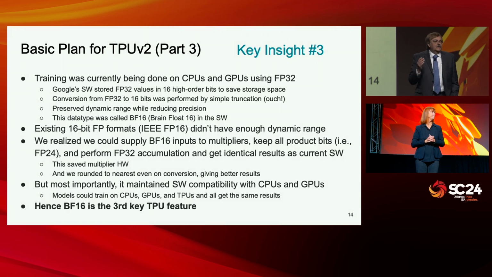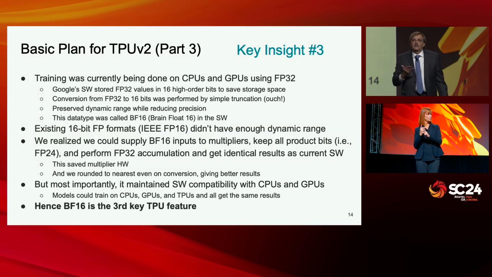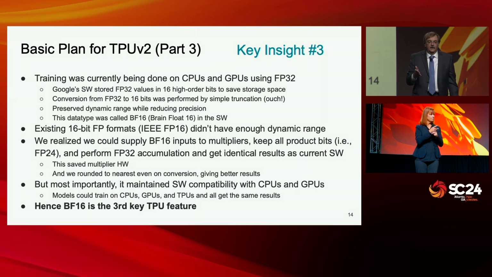The existing 16-bit formats like FP16, which were developed for graphics, didn't have enough dynamic range. And we realized, looking at the software, that we could supply bfloat16 inputs to multipliers, keep all the product bits, because n by n multiply of mantissas gives you 2n bits, so we kept all the bits. We didn't do any rounding or throw anything away.